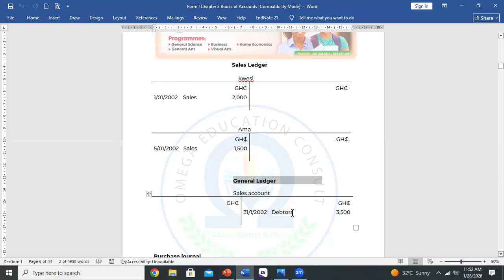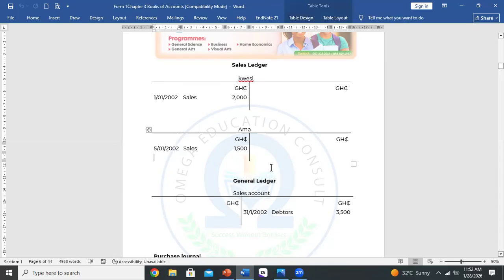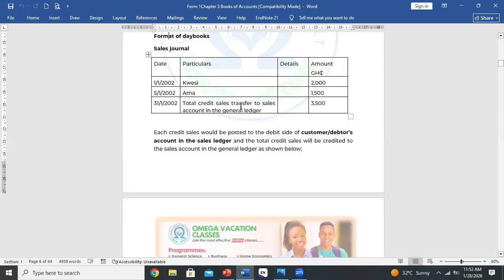All of them together are debtors. So the narration or the details in the sales account is the debtors. And then you put the closing date, since that was the date on which you summed up the totals. So that's how you do the postings. You post the individuals, then you post the total.